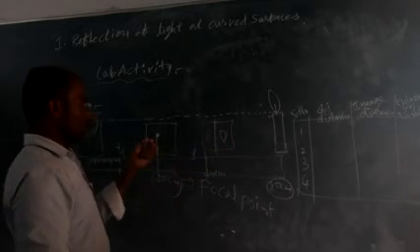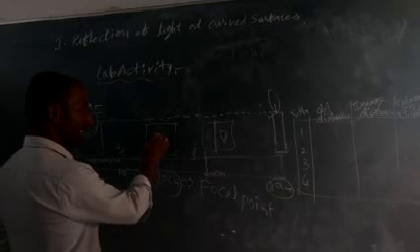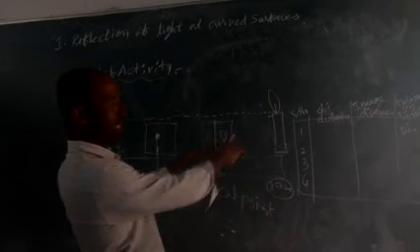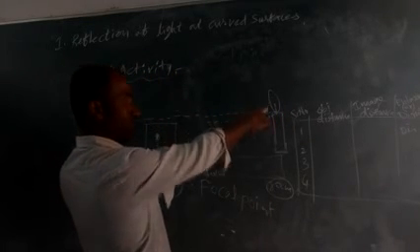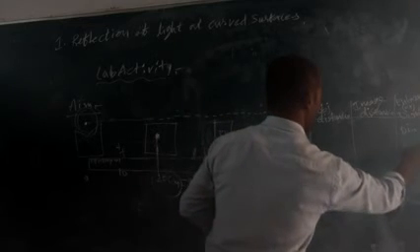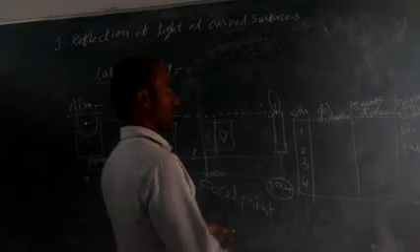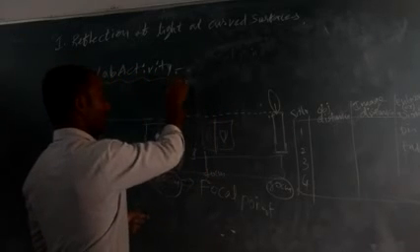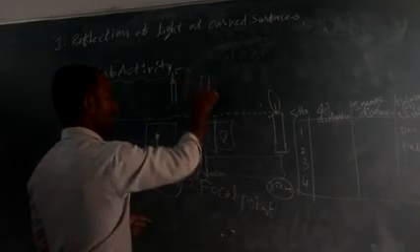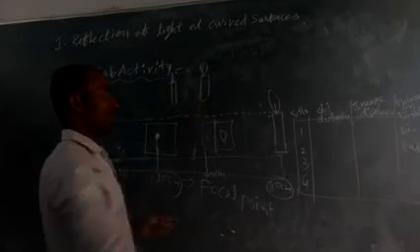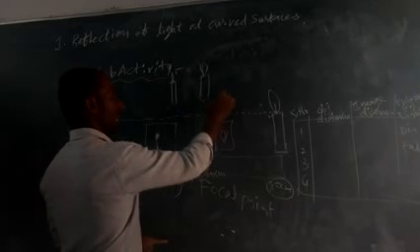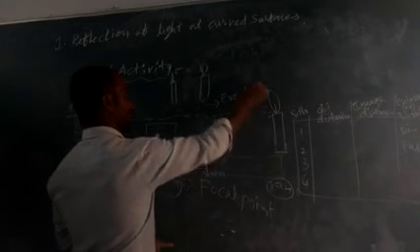If the image is very sharp, bright and smaller in size, it is called diminished. If the image is somewhat bigger than the original object, it is called enlarged. If the image is the same size and shape as the object, it is called erect.